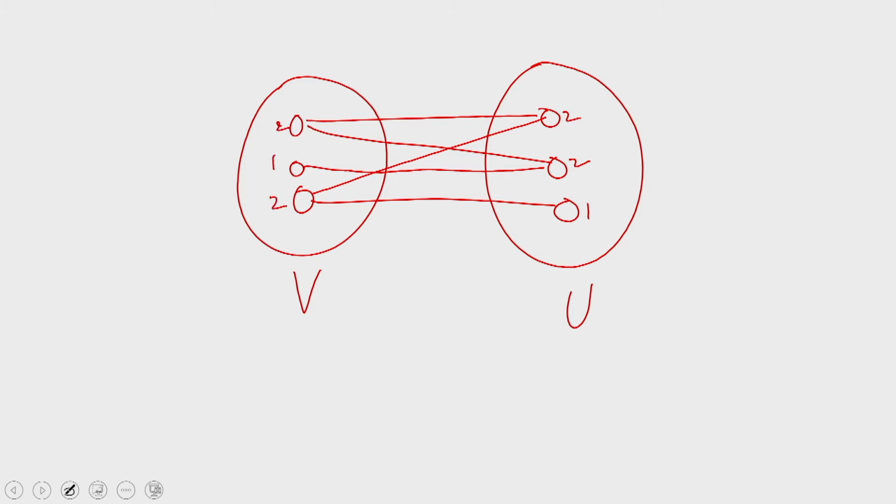So, there are exactly 2 vertices of odd degree. We take one extra vertex which does not belong to either V or U and then make it adjacent to the odd degree vertex on either side. The resultant graph will not be bipartite anymore, but that does not matter. So, we enhance the graph in this manner.